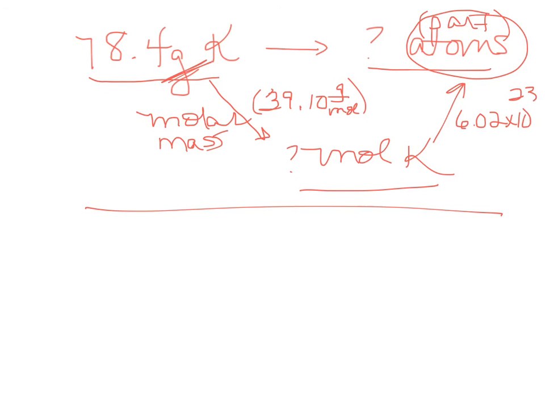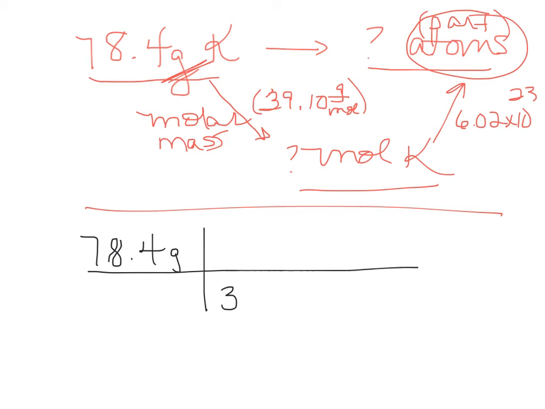All right, so let me go through the calculation here. Starting with 78.4 grams, using molar mass of potassium 39.10 grams in 1 mole, making sure my units cancel on the diagonal.